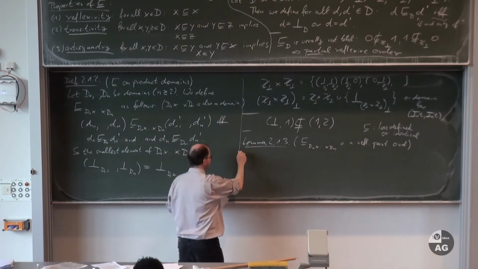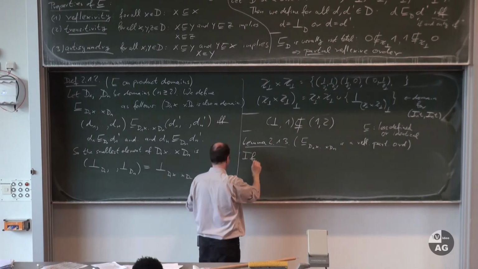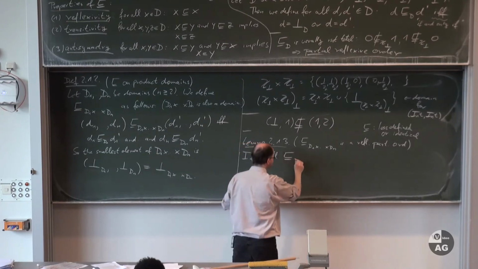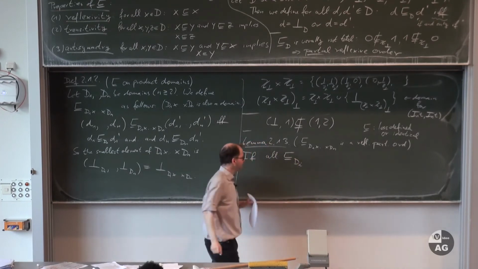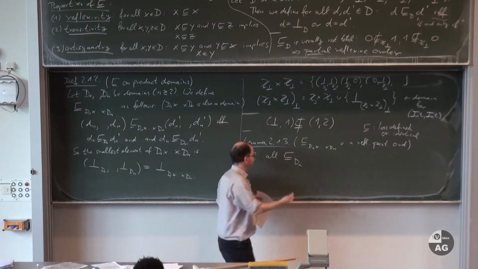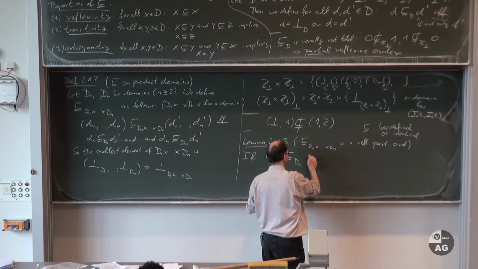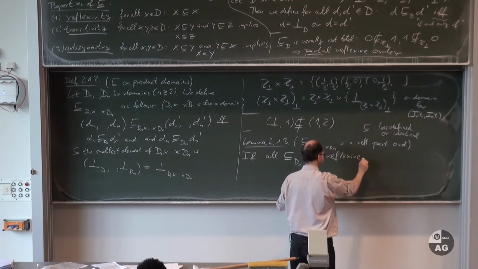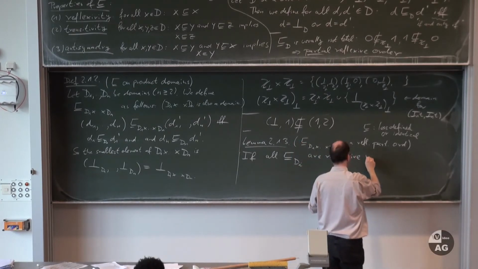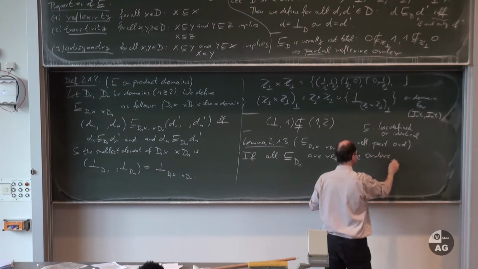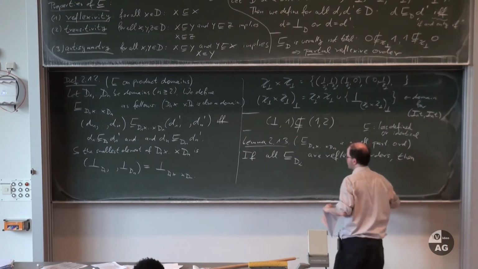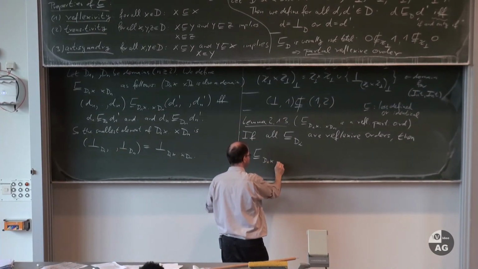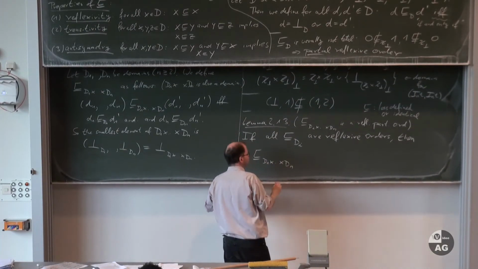So more precisely, the lemma says that if all these orders on the domains D1 to Dn, so for all Di, if they are all reflexive partial orders, then the same is true for the relation on the product of these domains.